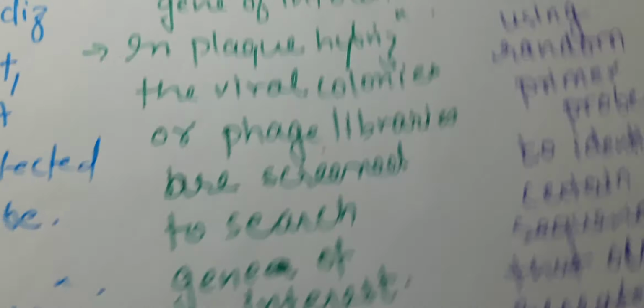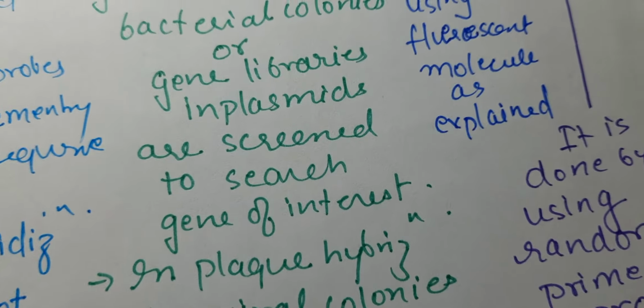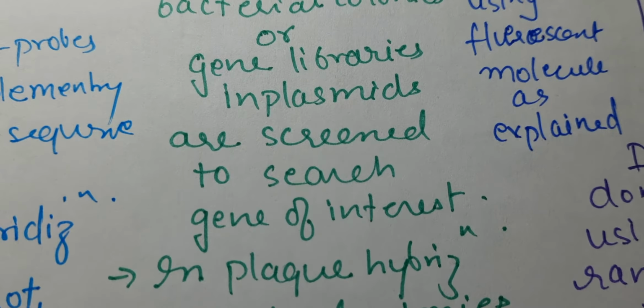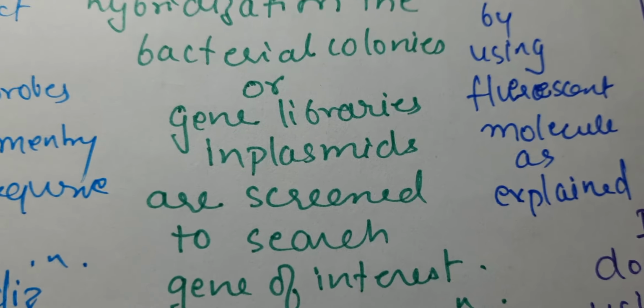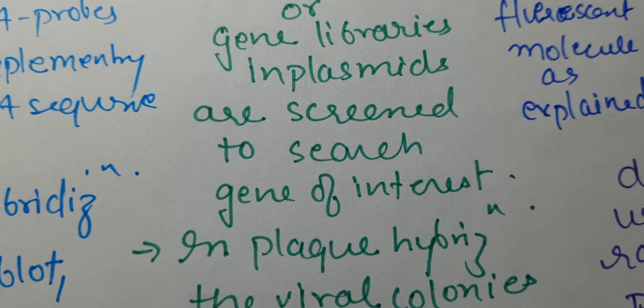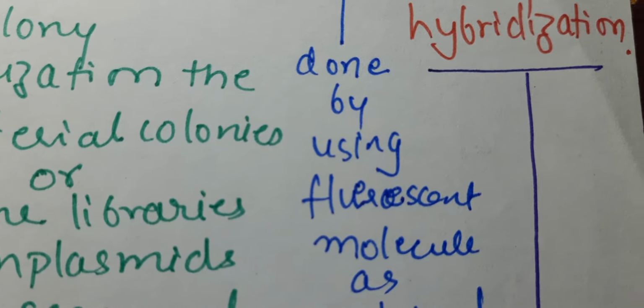So there are randomly selected many copies of genes, and they are all hybridized with a single probe. So wherever the hybridization occurs, that is the gene of interest. And we have already discussed this in real time PCR. I'll be discussing sequencing by hybridization.